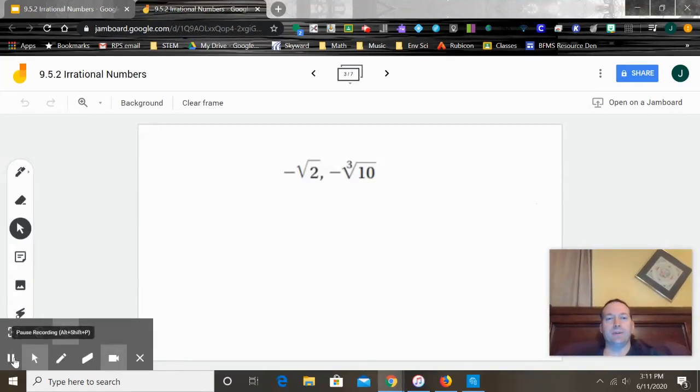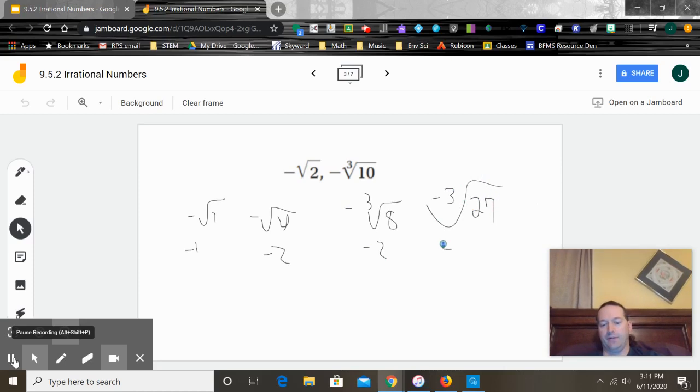Now let's look at this one. It's a little bit different because we have negatives in there. Our perfect squares are 1 and 4, so the square root of 1 and the square root of 4 are 1 and 2. The negative square root of 2 is between negative 1 and negative 2. Now let's look at the negative cube root of 10. The cube root of 8 is 2, so that would be negative 2, and the next number would be the cube root of 27, which is negative 3.